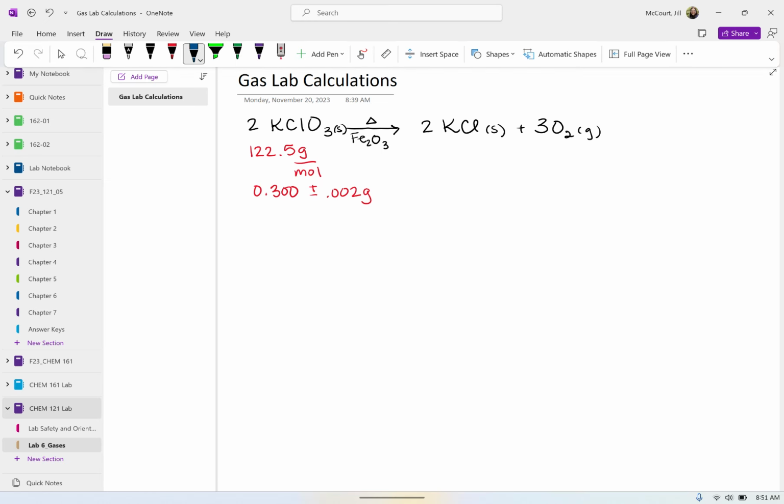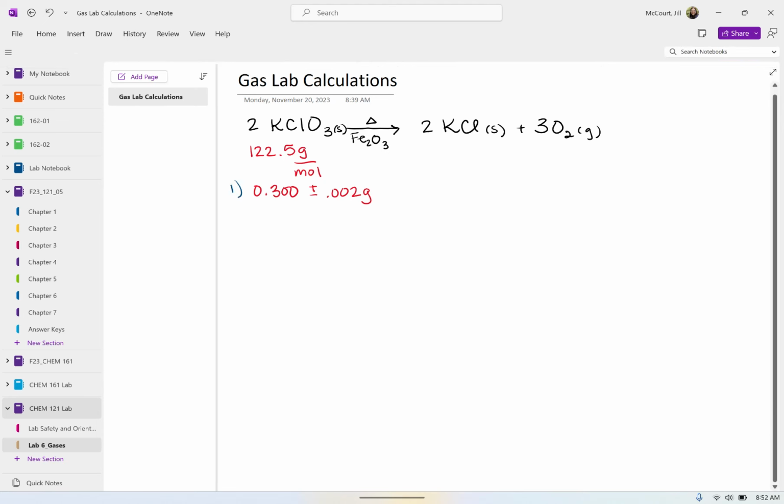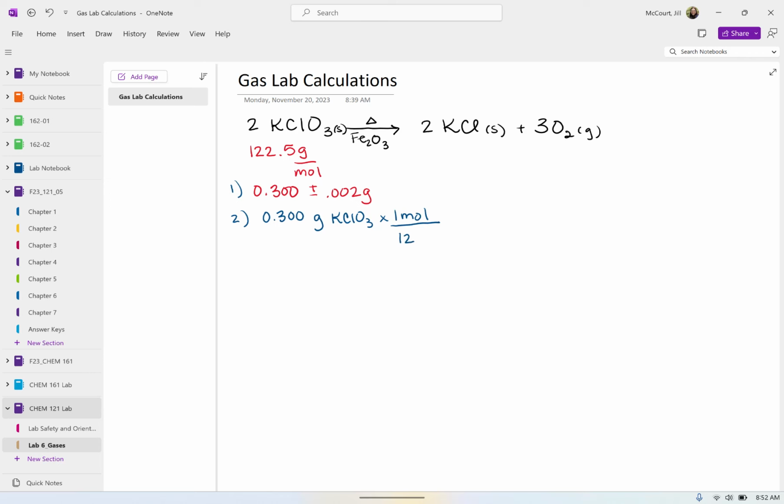We have, first off, we need to know how many moles of potassium chlorate we used. So this is our first question right here, is what was the mass? And then we convert this to grams. I'm sorry, we convert grams to moles. So we have 0.3 grams of potassium chlorate, and then we multiply by 1 mole over 122.5 grams.